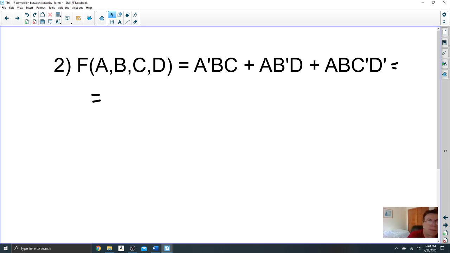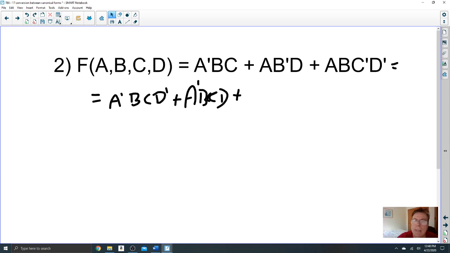All right, so that is equal to a prime b c. Now this one is missing d, right? So I'm going to multiply it times d prime plus d. So it's a prime b c d prime plus a prime b c d. Now this one is missing c, so I'm going to multiply the second term by c plus c prime.